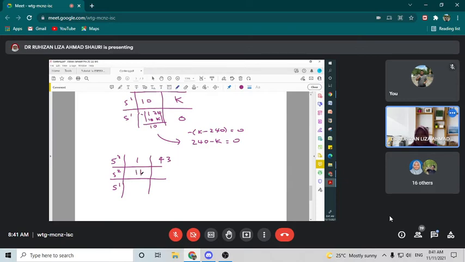Okay, be careful, this one is together because they are with S to the power of 0, no S. It means that they are called the constants. So here the formula is 1, 11, 43, 65 plus k. Okay, so this is 0.